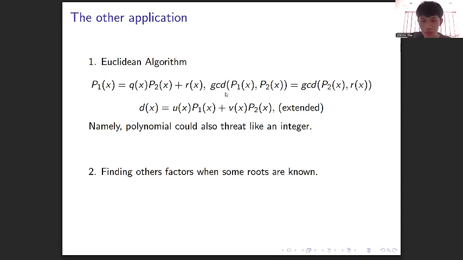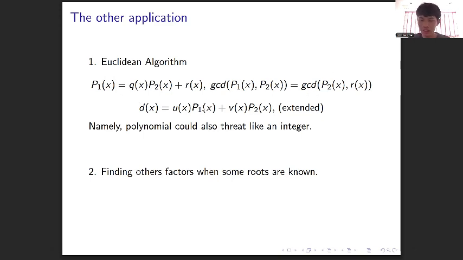For example, the greatest common divisor of polynomial 1 and polynomial 2 is equal to the greatest common divisor of polynomial 2 and the remainder. So we can just keep doing the long division, and when we finally find that R(x) is constant, we can stop. Then we can find the greatest common divisor.